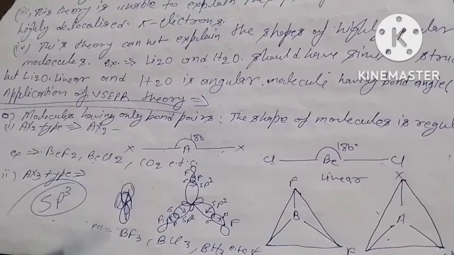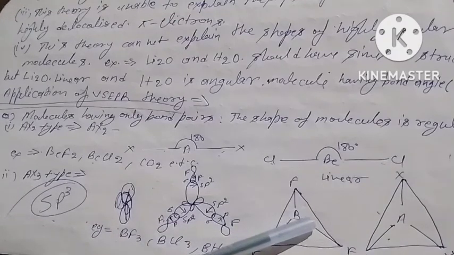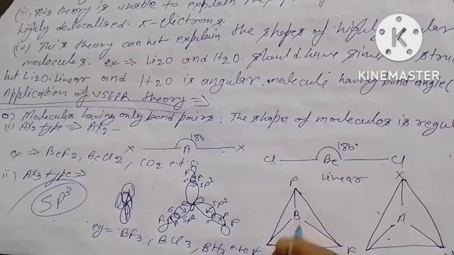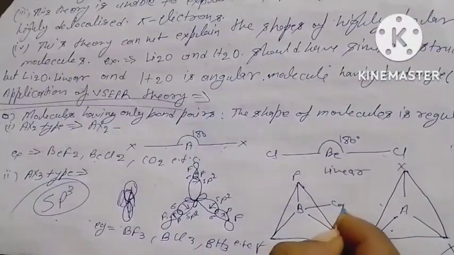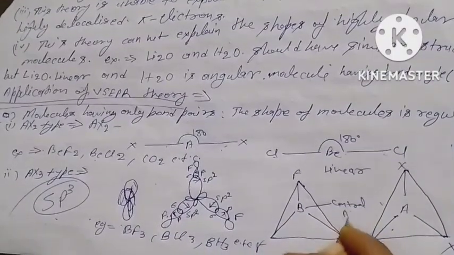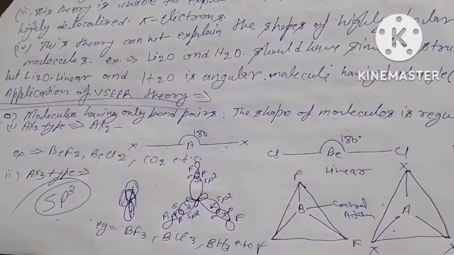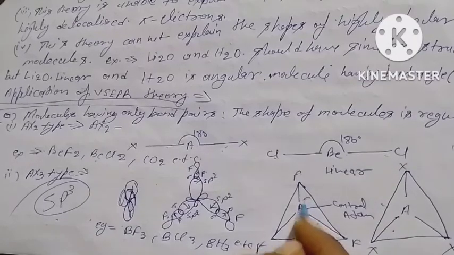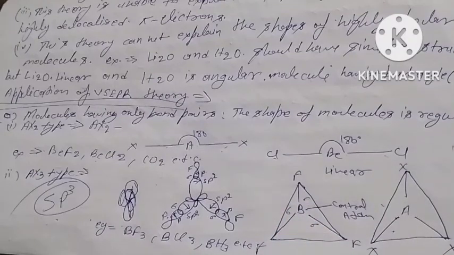In the BF3 molecule, B is the central atom.